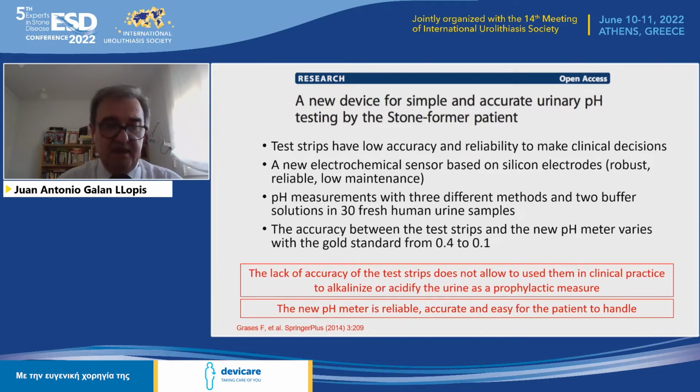Grases and co-workers, again, in this study, found that differences compared to the gold standard were 0.4 units. Meanwhile, those from the electrochemical sensor were 0.1, concluding that the new pH meter, the Lithocontrol, was reliable, accurate, and easy for the patients to handle.